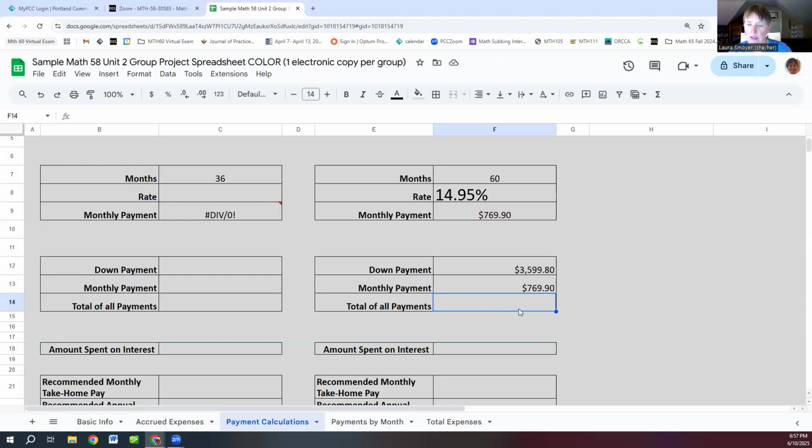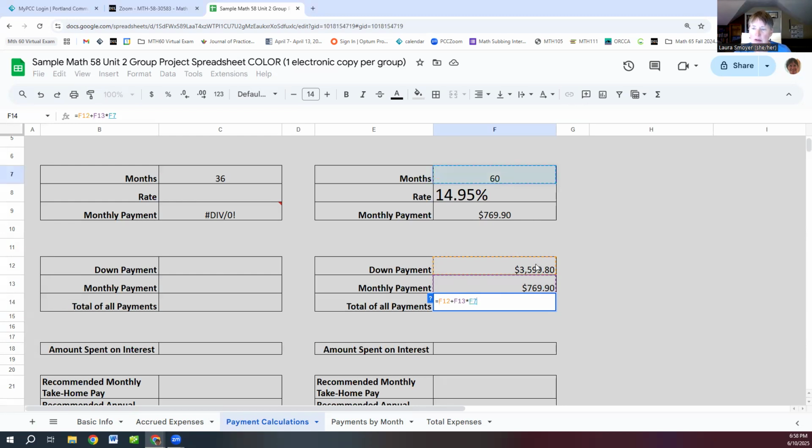So I need to write a formula here that takes into account that I put $3,599.80 down and I paid $769.90 for 60 months. I'm going to do this with a formula without entering any new numbers. So I'm going to start with an equal sign and then click on the down payment I made and then add to that with a plus sign the monthly payment, which I need to make with a times sign 60 times.